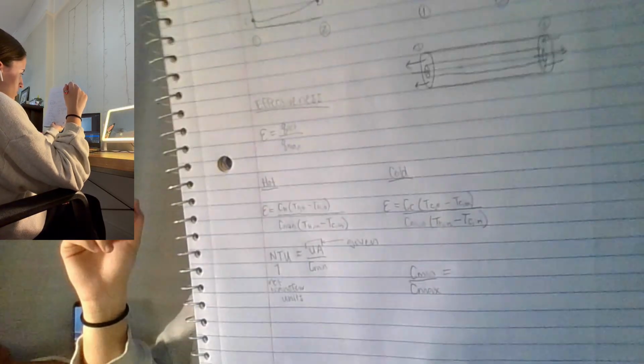If you're wanting to make your cold stream warmer, then your hot stream will be your minimum and your cold stream will be your maximum. And then vice versa. And so this ratio, I've just written it here just so you can see, can also be related to our NTU because you have a C minimum in there. And that kind of tells you about which stream you're wanting to look at and really optimize by changing the temperature the most that you can for that stream.